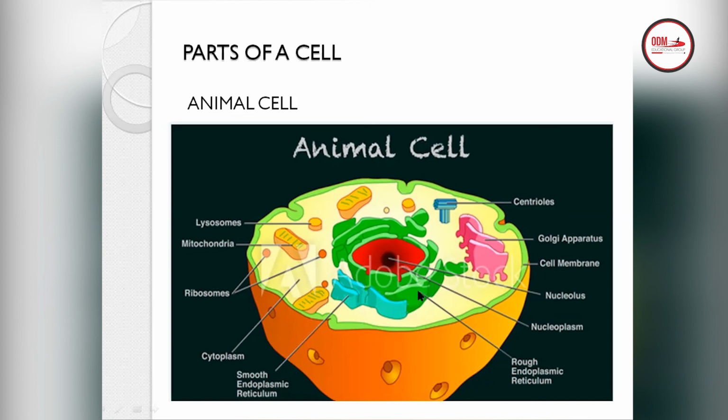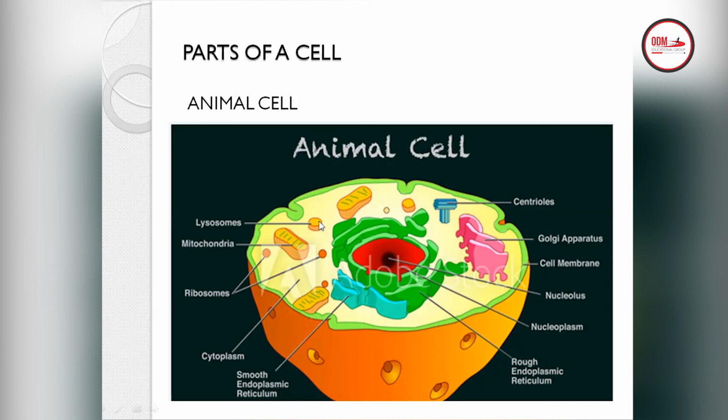We will discuss that there are two types based on the presence and absence of ribosomes: rough endoplasmic reticulum and smooth endoplasmic reticulum. Rough endoplasmic reticulum have ribosomes, whereas smooth endoplasmic reticulum do not have ribosomes. Then the Golgi apparatus. Then these are the centrioles which help during the cell division.